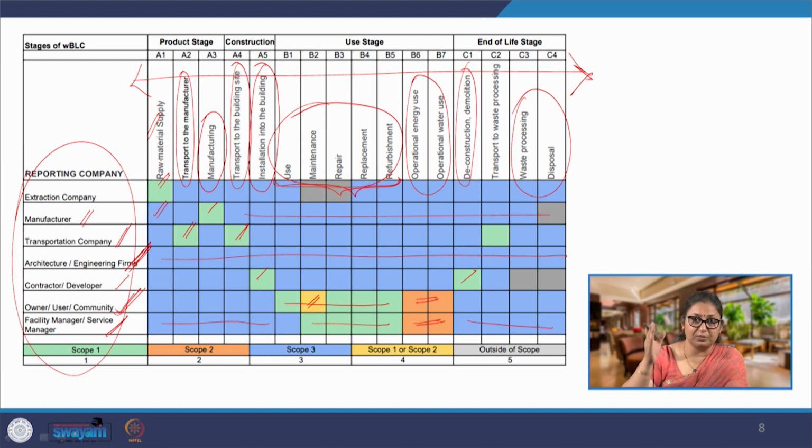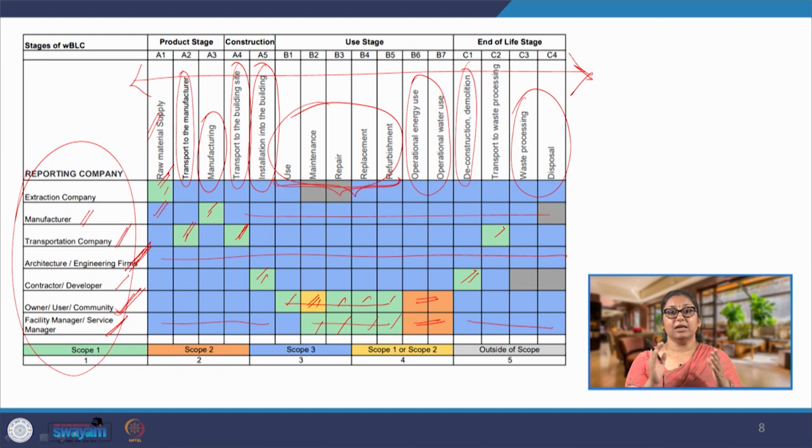They may have their scope 2 quite consistently, but one of these activities will always be scope 1 for somebody. So, if we look at all these activities, each of them becomes scope 1 for some stakeholder or the other, except the operational energy use, or the electricity consumed in the facility during the entire life cycle. That is going to become scope 2 for one of the stakeholders.